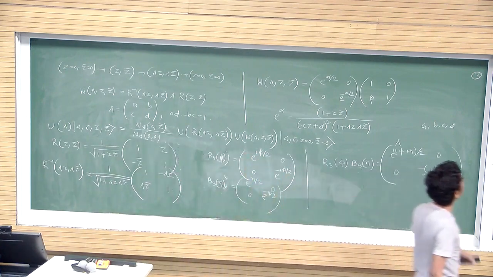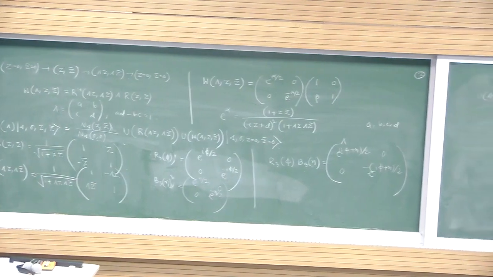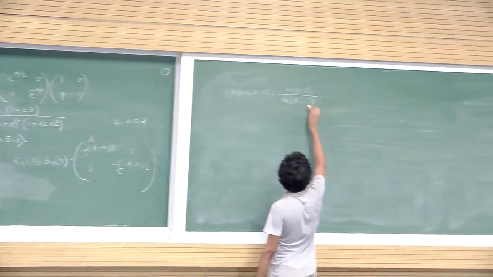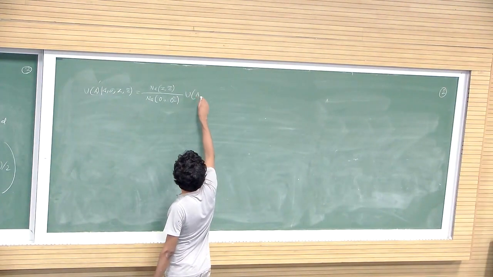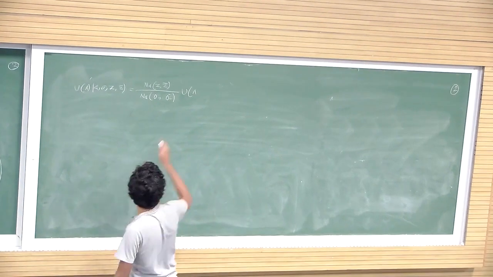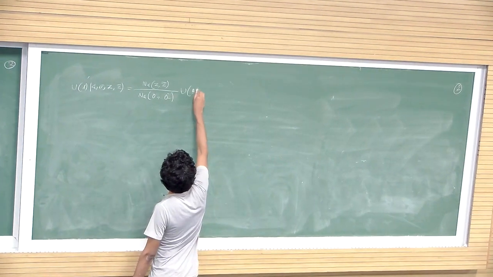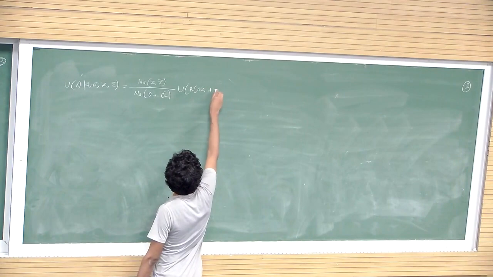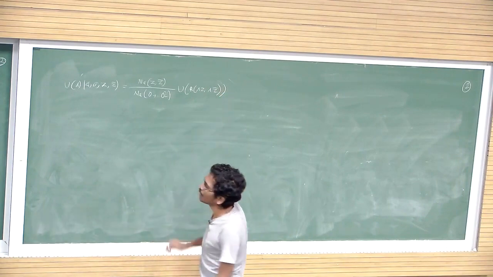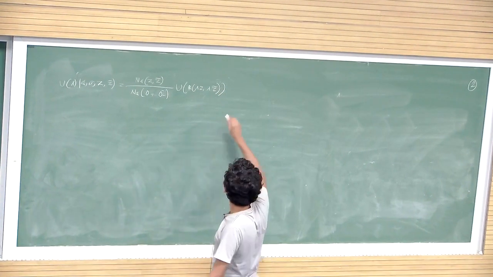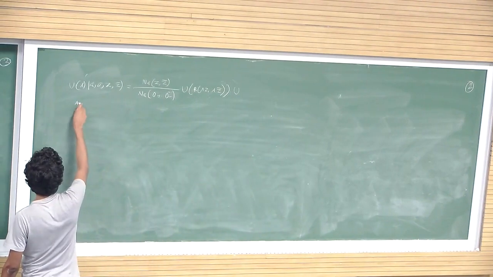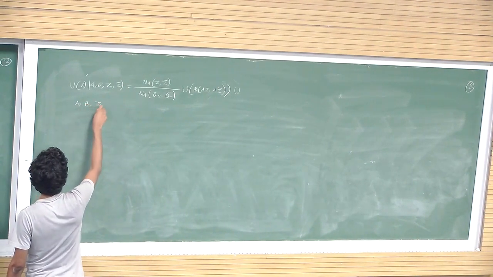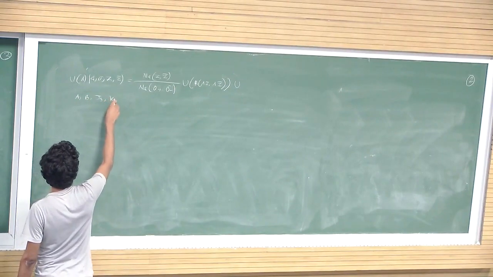So this thing was N delta 0 0, and then I have this U of R lambda z bar, and then the little group part. The little group had 4 generators, A, B, J3 and K3.